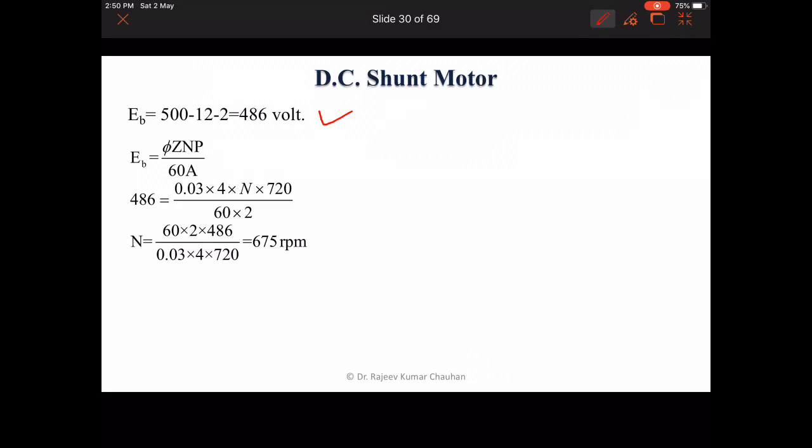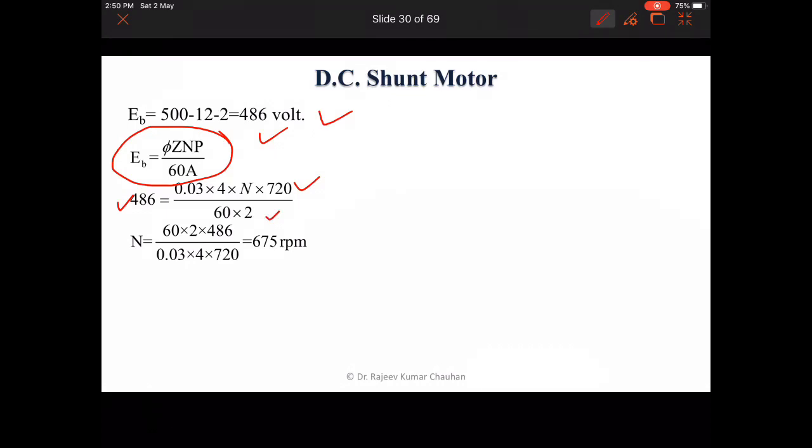Now we want to calculate the speed of the motor. We know another formula, Eb is equal to phi ZNP upon 60A. So let's substitute the values of the various parameters here. We get 486 equal to 0.03, this is the flux value, multiplied by the number of poles, multiplied by the speed, multiplied by the number of conductors Z, which is 720, divided by 60 multiplied by A, which is 2, because the wave connection is there.